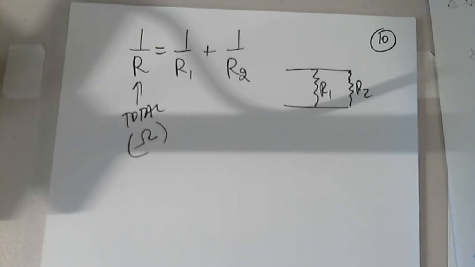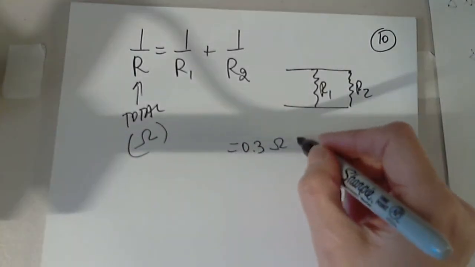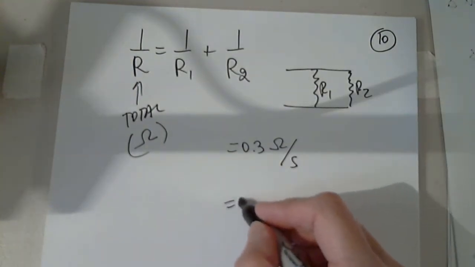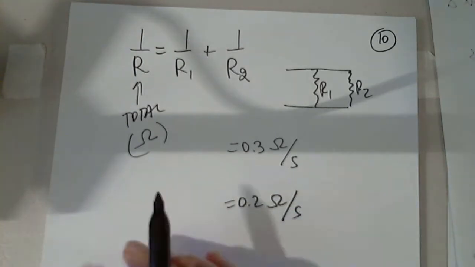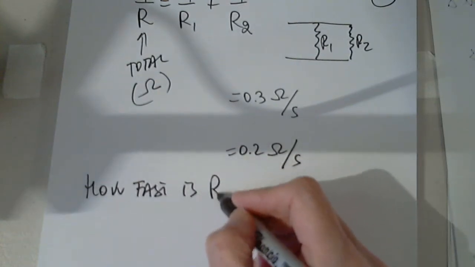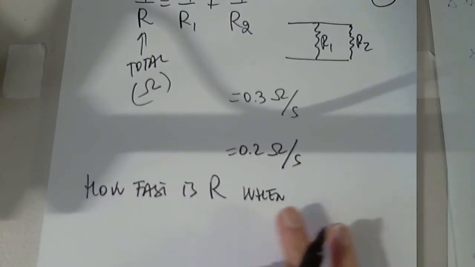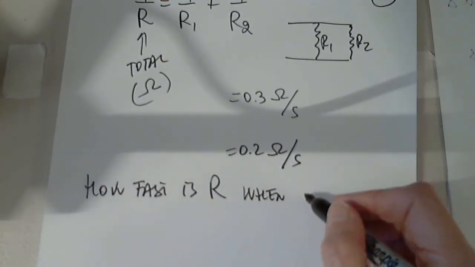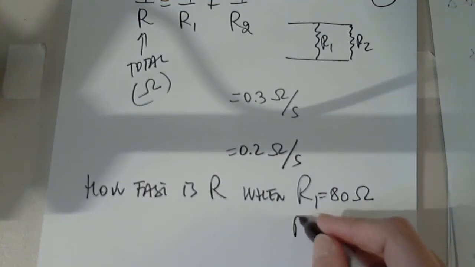If R1 and R2 are increasing at rates of 0.3 ohms per second and 0.2 ohms per second respectively, and you're going to tell me what this means, then how fast is R changing when, and I'm going to write it but not use it till the very end, R1 equals 80 ohms, and R2 100.